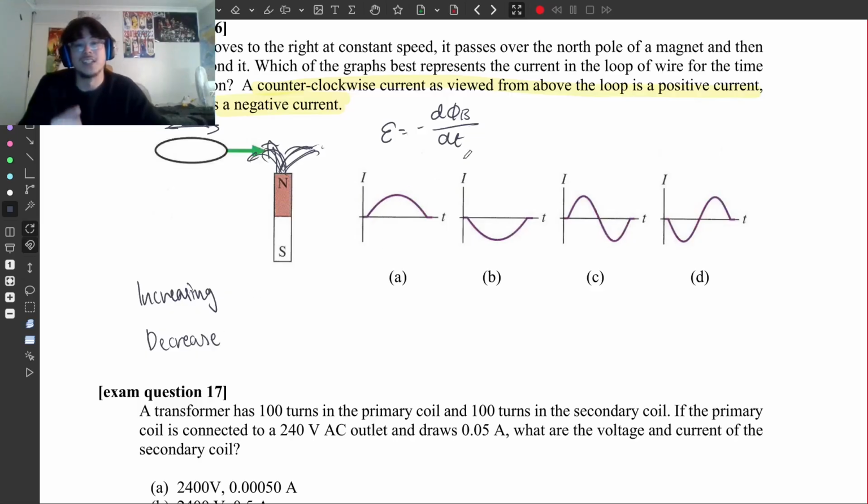So because it's decreasing, this change becomes a negative and a negative, which means that it will be in the positive direction. So what happens is that your current will actually change directions and then now it's positive. So your answer will be D.